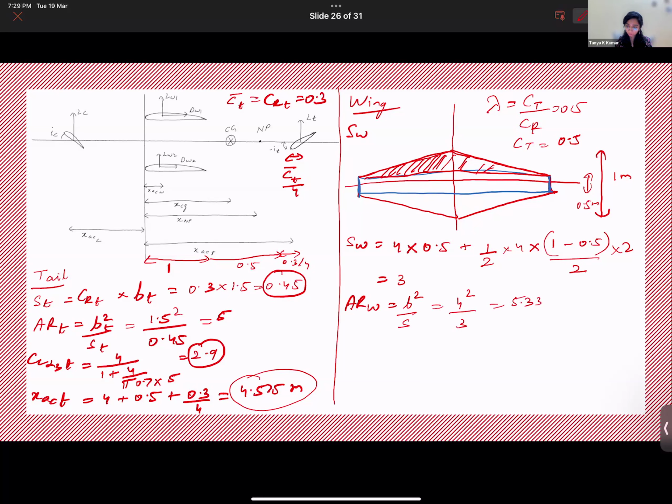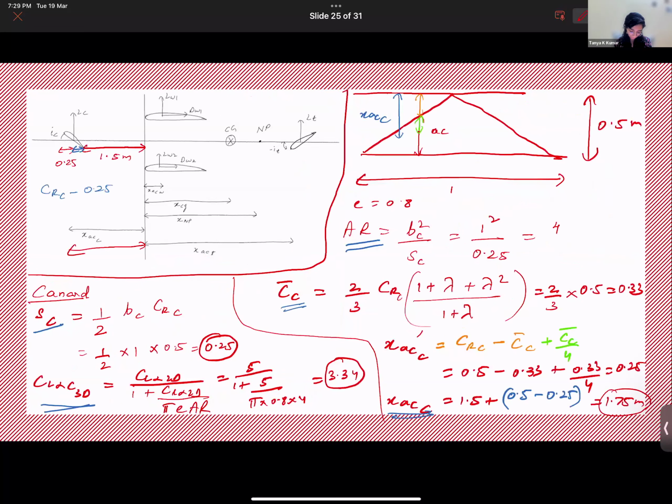Okay. What did we have to find? What was next? Yes, CL alpha 3D is CL alpha 2D by 1 plus CL alpha 2D by pi E AR. Now what is CL alpha 2D?